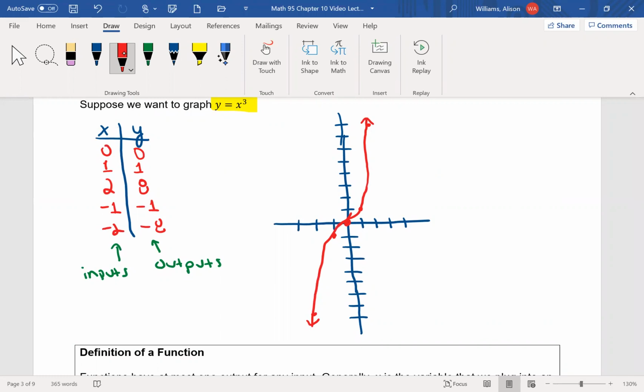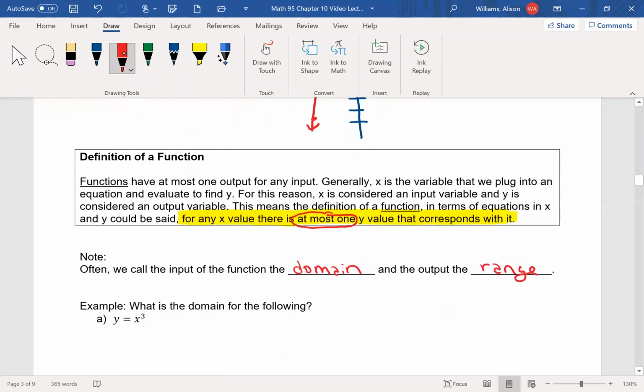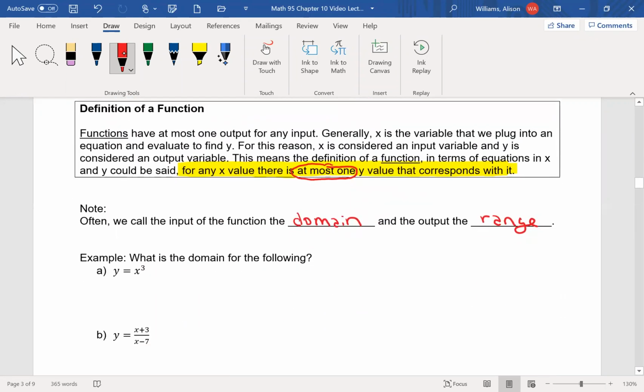I could have done 100. I could have done 1/2. I could have done 0.72. I could have done anything I wanted to. And I could grab my calculator and figure out what I get when I cube it. Because there's no limit to what I'm allowed to plug in, the domain is all real numbers.